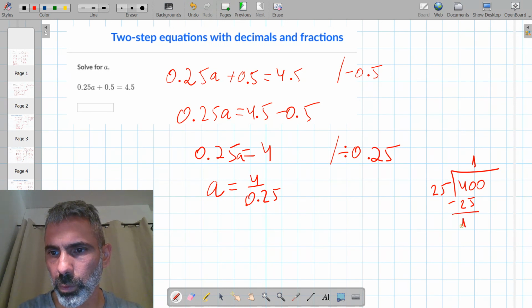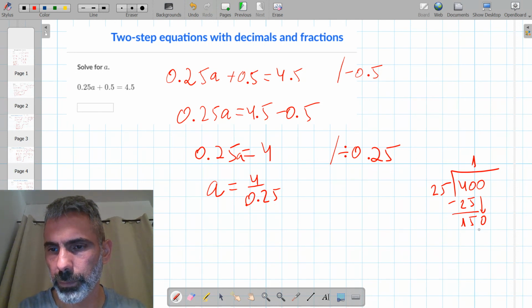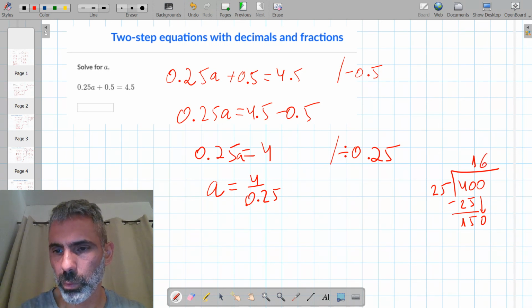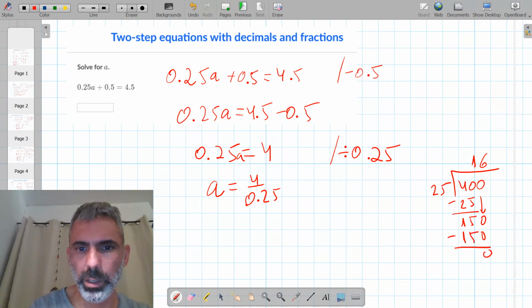Subtract, and left with 15. Bring down the 0. 25 goes into 150 6 times, right? 6 times 20 is 120, and 6 times 5 is 30, so 6 times 25 is 150, no remainder. So A equals 16.